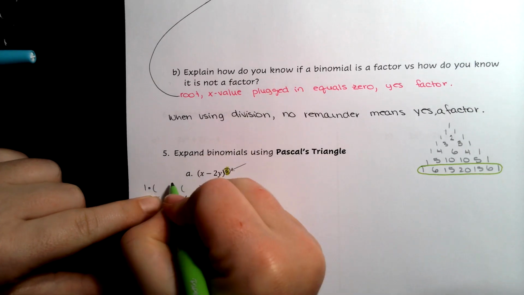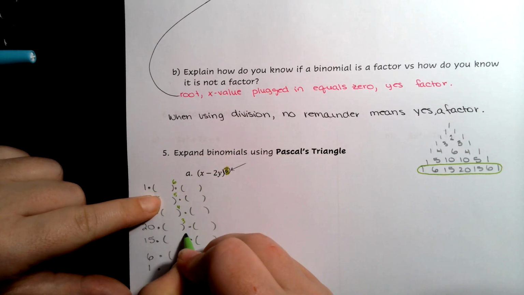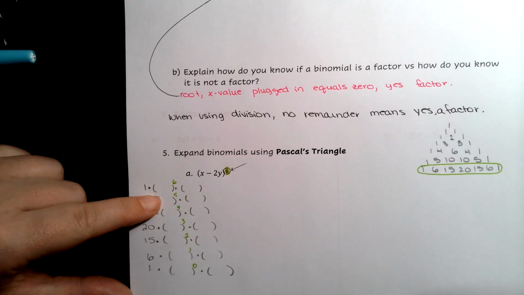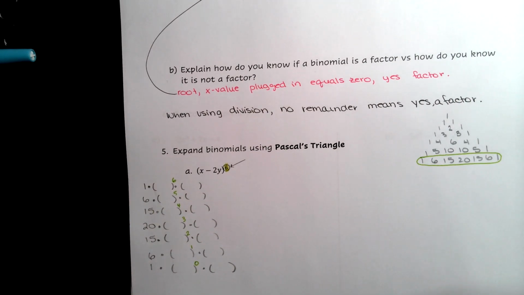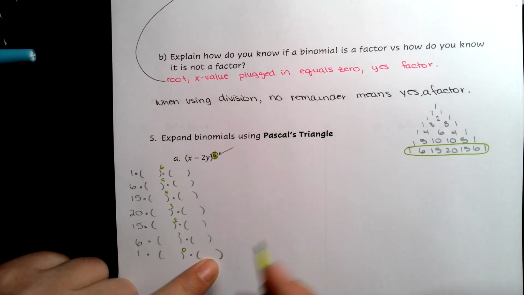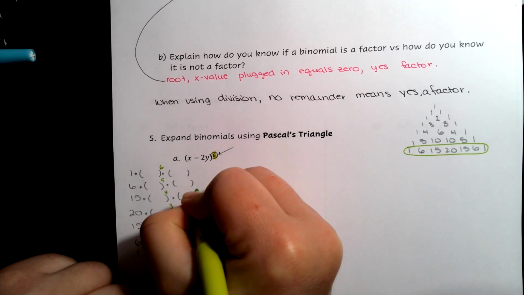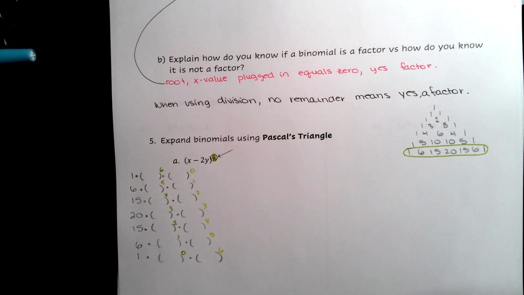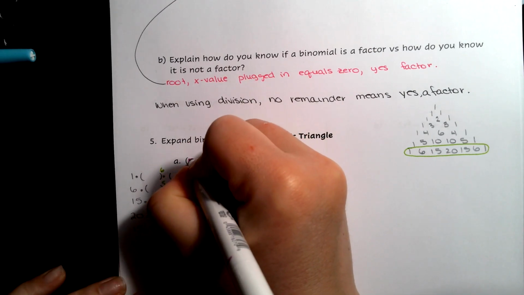You're going to start with 6, and you're going to go 6, 5, 4, 3, 2, 1, 0 on the exponents. And then for your second parentheses, you're going to work your way up. So you're going to start down at the bottom, and you're going to go 6, 5, 4, 3, 2, 1, 0. Your first term is going to be your first parenthesis.